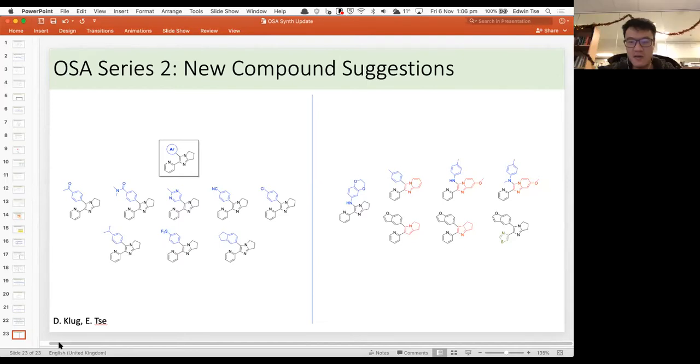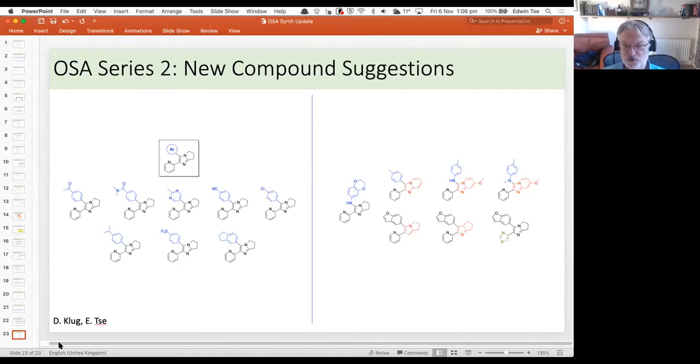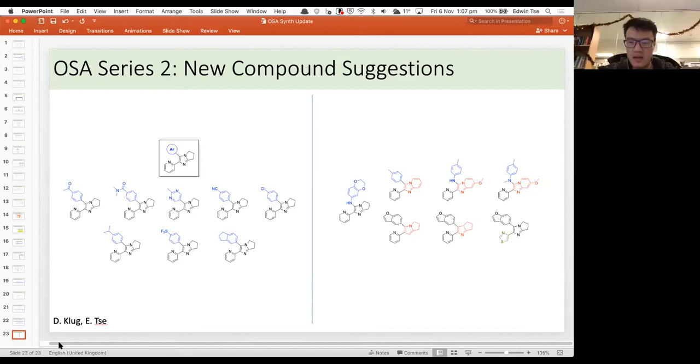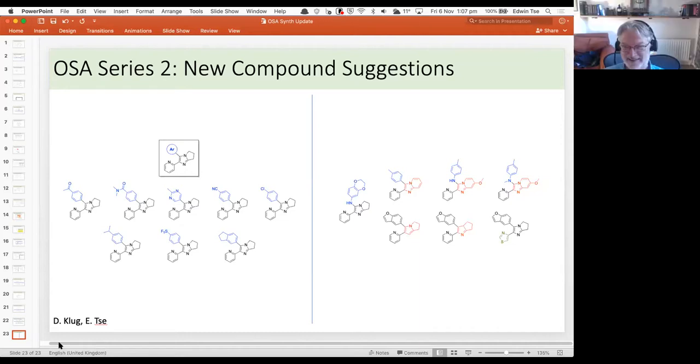I had a quick look at trying to get those cores, and I've not really found anything reasonable yet. Did you try looking at ones where you have the benzo ring on there instead of the saturated ring? Yeah, I think I did, and it was similarly difficult.